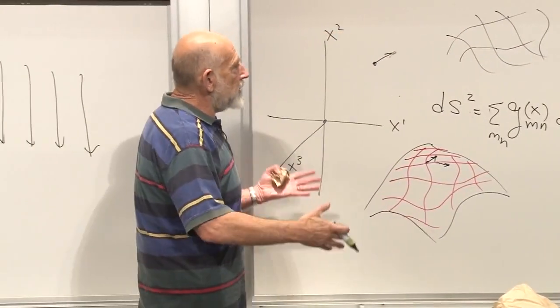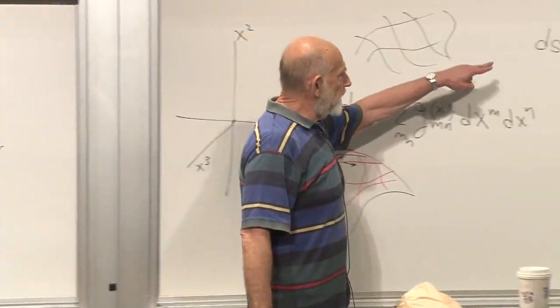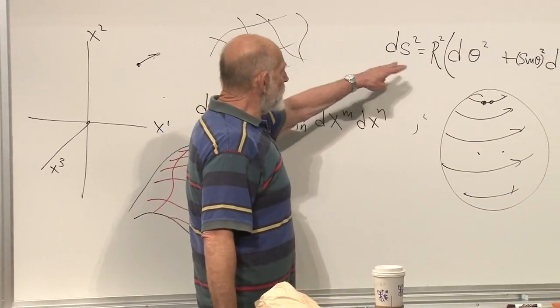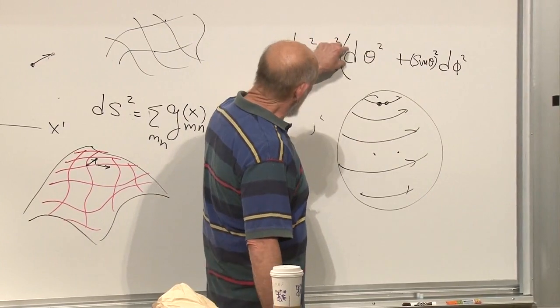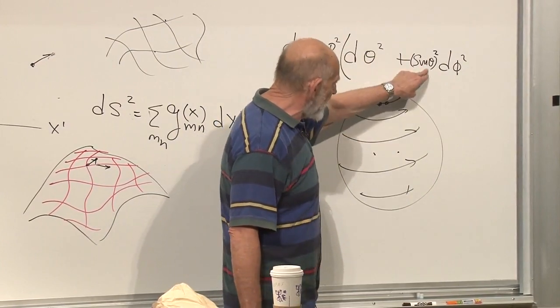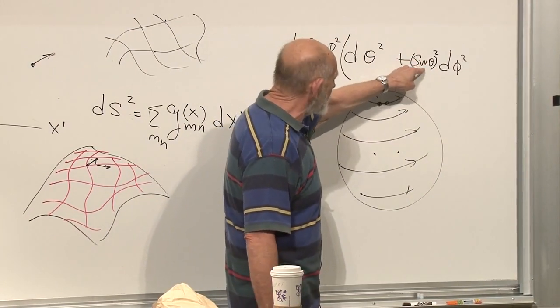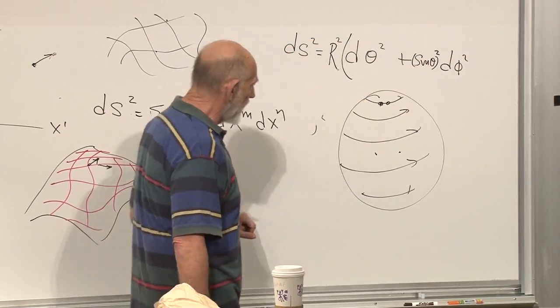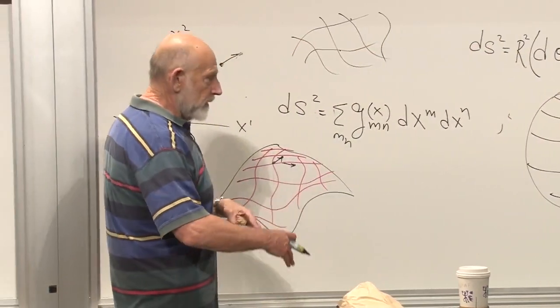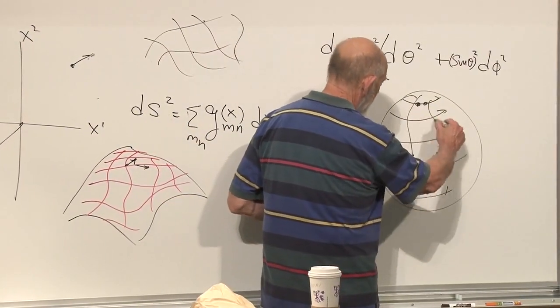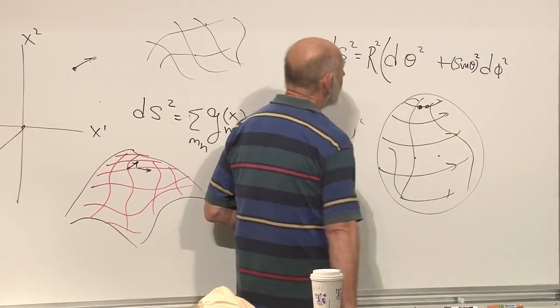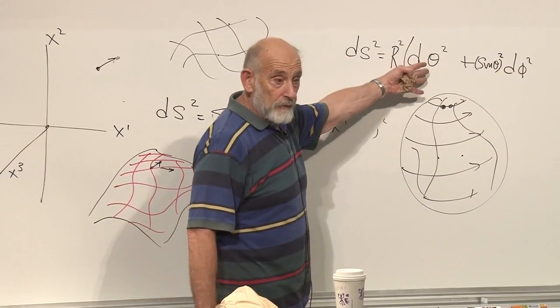Okay. Now here's an example of distance not just being d theta squared plus d phi squared, but having some coefficient functions in front. In this case, the interesting coefficient function is sine squared theta. In general, if you use arbitrary coordinates on the sphere, you'll discover a much more complicated formula.